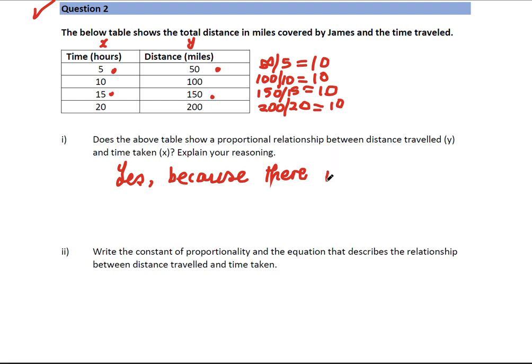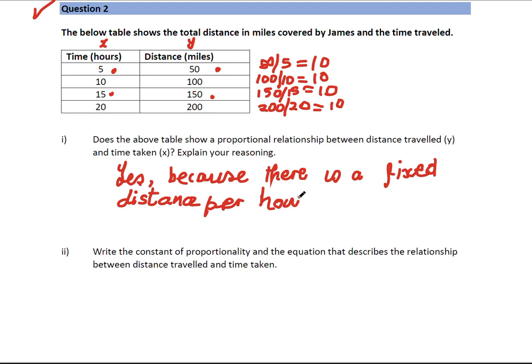So yes, there is a proportional relationship, and it is because there is a fixed distance covered per hour, and that is 10 miles per hour.